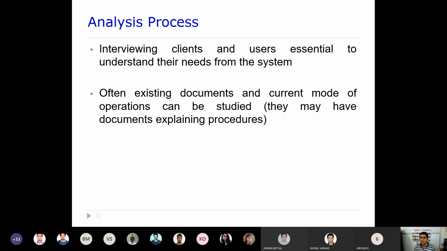So the analyst will go and see through a directed investigation. That means they are going through and checking out certain existing documents.